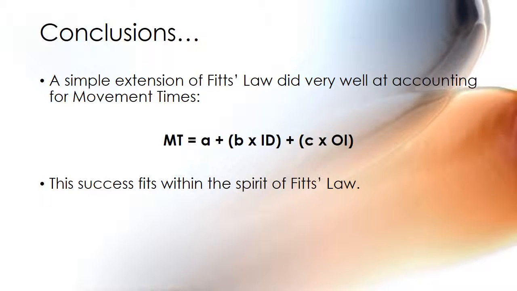So along with that, here's the equation that they came up with for doing that. The movement times did very well, as it says here, at accounting for variance along with that extension of Fitts's law. And they also went so far as to say this success fit in with the spirit of Fitts's law.